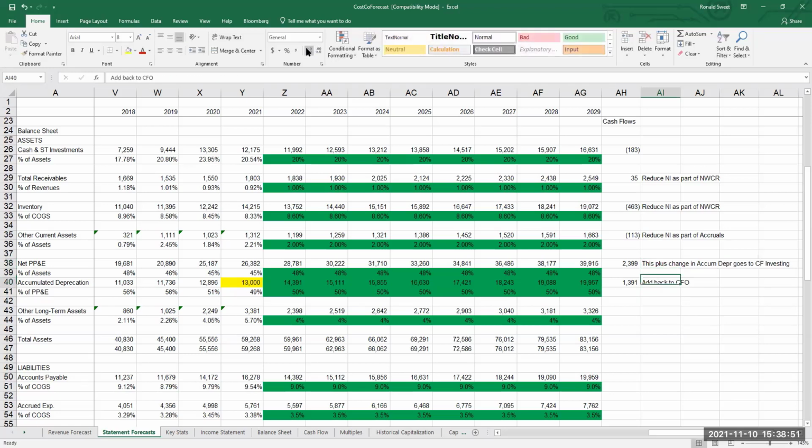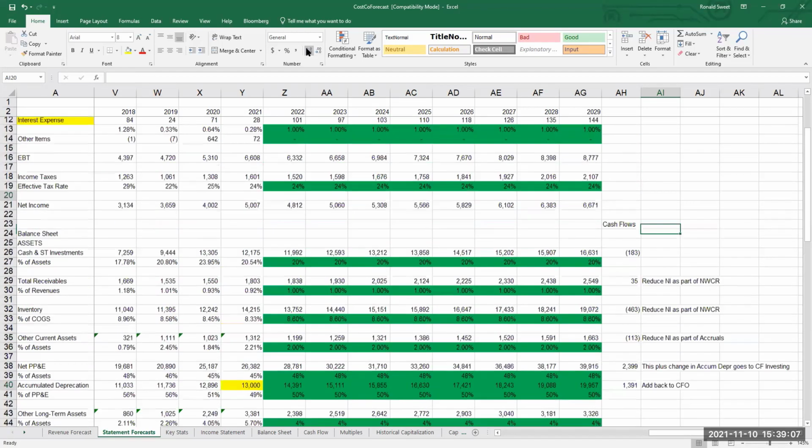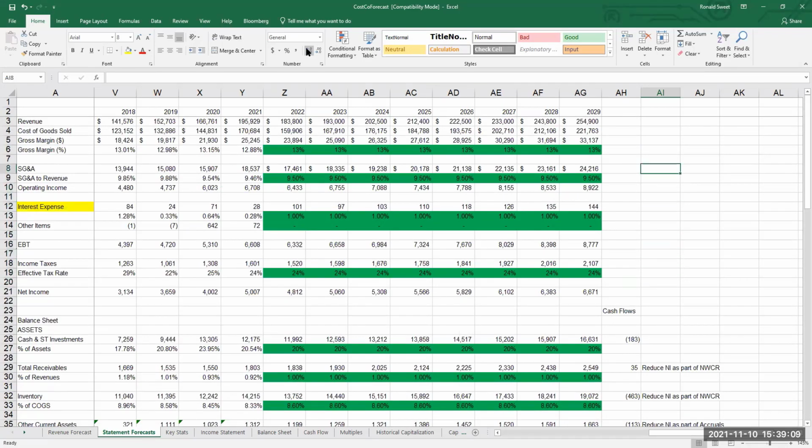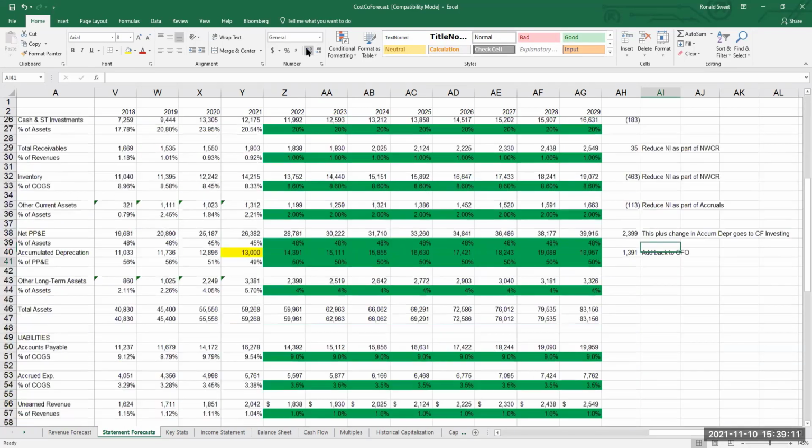So we spent really $3.6 billion. We're going to take $3.6 billion and take it out of investing, but our net income's down by 3.4 billion. Now, did we have depreciation in the income statement? I don't think we did. It's just part of SG&A, right? So it's just in that number.